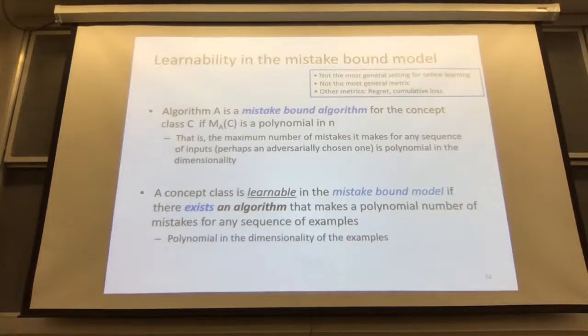If such an algorithm exists, we call the concept class mistake bound learnable. So the first statement is a property of an algorithm and a concept class. The second one is a property of the concept class.